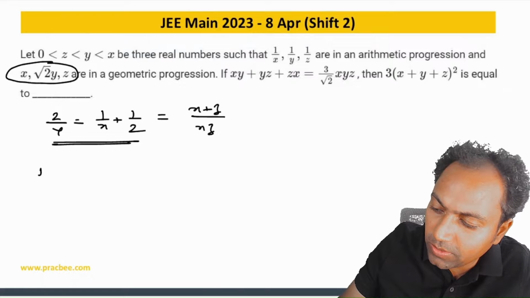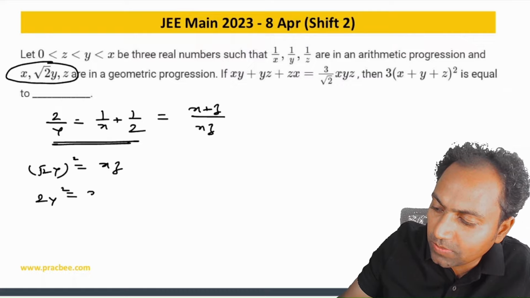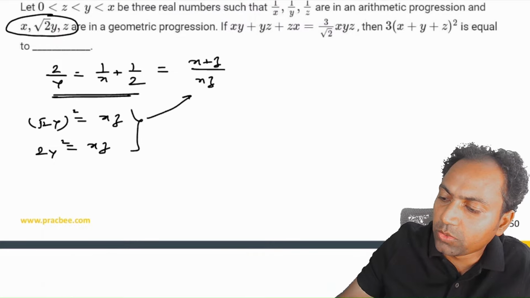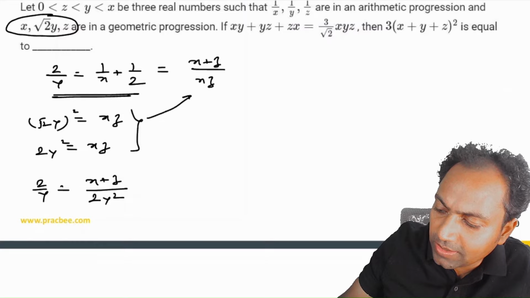That would mean root 2 y whole square will be equal to xz. So 2y square is equal to xz. So I can use this condition and substitute it here. If I do that, 2 by y is equal to x plus z over 2y square. So what we get is x plus z is nothing but 4y.